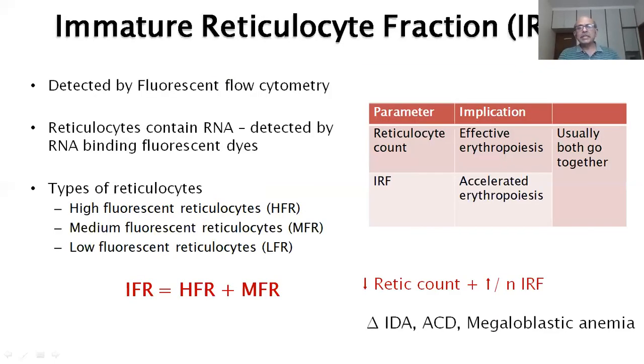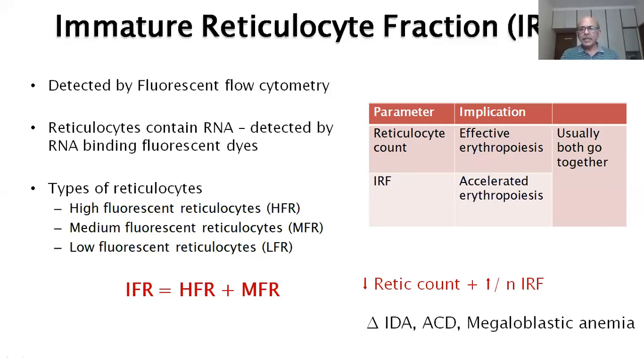Another parameter which is now coming up in a big way is the immature reticulocyte fraction. So I told you there are 2 principles on which cell counting is based. The second principle was flow cytometry. This is based on what is known as fluorescence flow cytometry. It is an advance over just plain flow cytometry. Reticulocytes contain RNA. This RNA is detected by RNA binding fluorescent dyes.